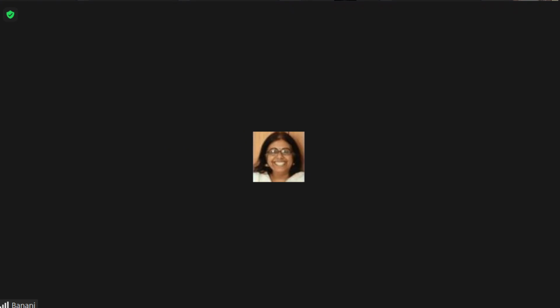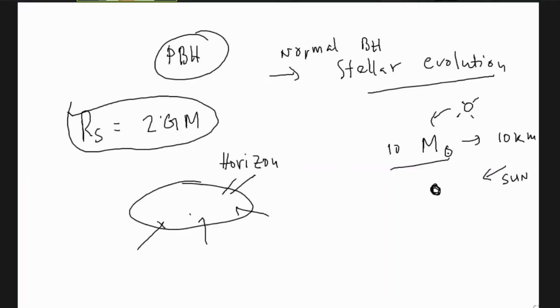Very nice. So what I was talking about, let's go back. PBH. So these are normal black holes, and this black hole also has properties of dark matter, DM. Why?